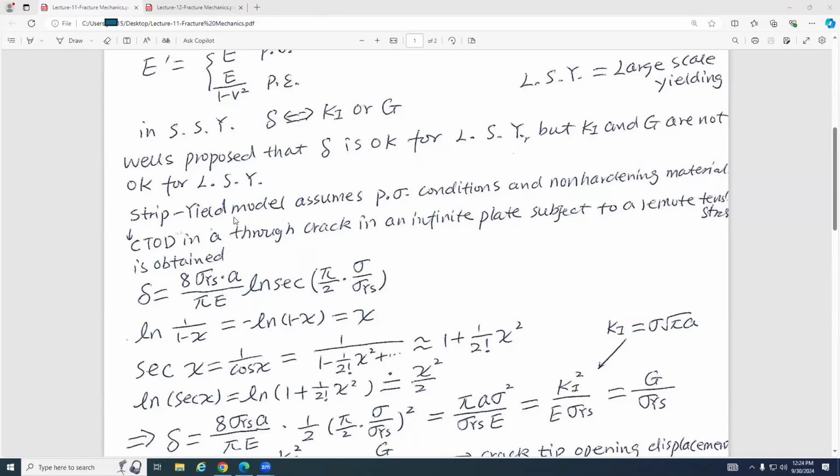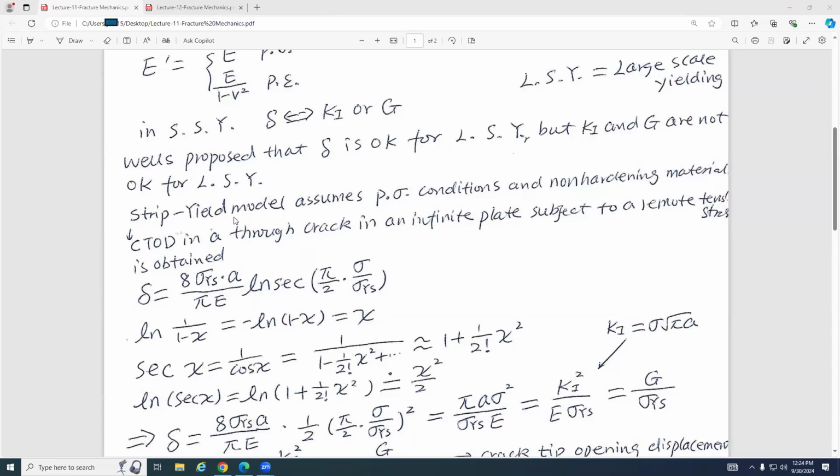Here, I did not use this one yet. I just give you this format, where I'm going to use this equation for this step. So secant x equals this one. This step is okay, right? It's just a reciprocal. And then cosine x can be written in the Taylor expansion with infinite terms.